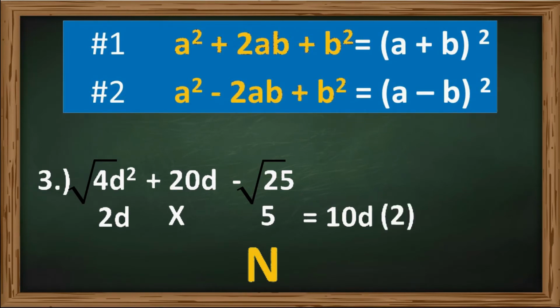And twice 10D is 20D. Now, what's wrong with the expression? Exactly. The patterns of the operations being used. It doesn't match our pattern.